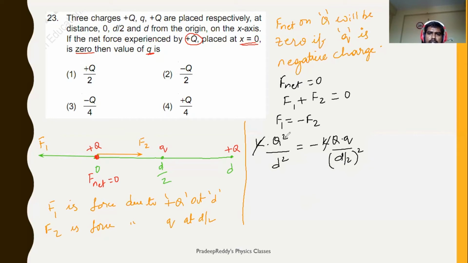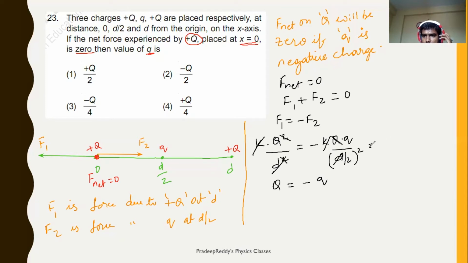K and K get cancelled, Q and Q get cancelled. What is left over here? D square and D square get cancelled. What is left over? Capital Q is equal to minus of small q, and D square is 4, that comes over here. Right?